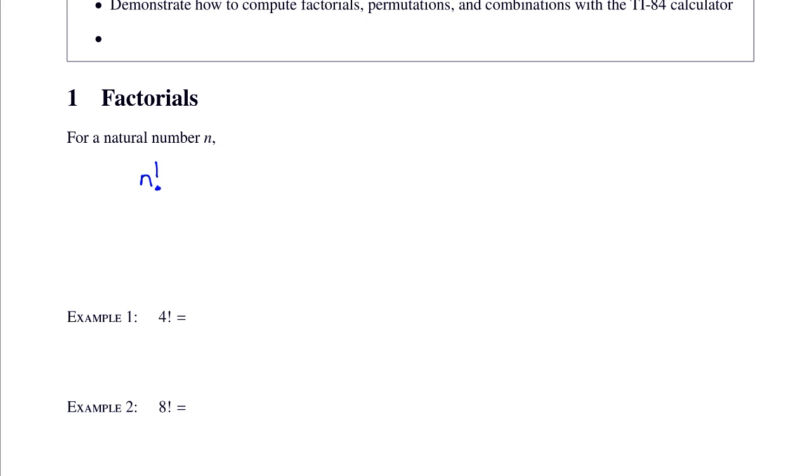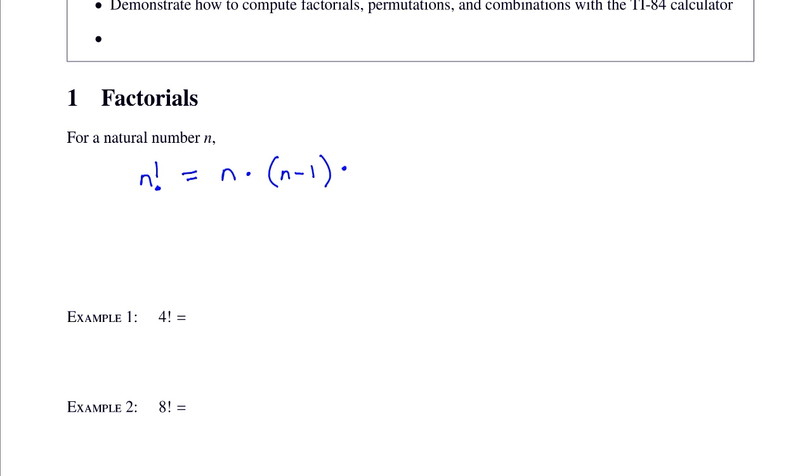And what this means is to start with that integer and multiply that by the integer that is 1 less than that. So if you start with n, the integer that is 1 less than that is n minus 1.